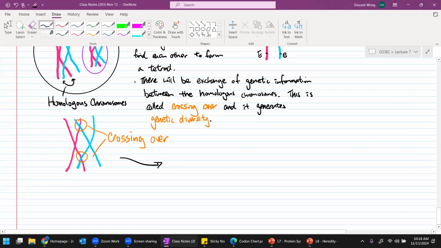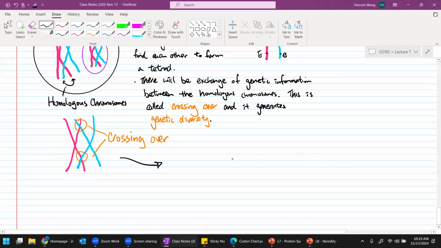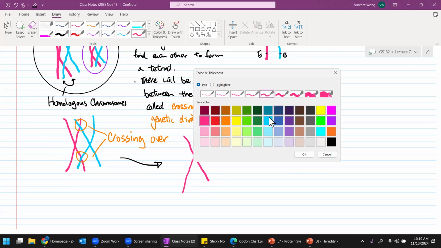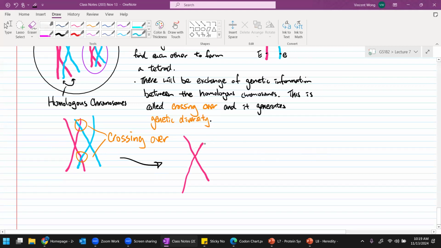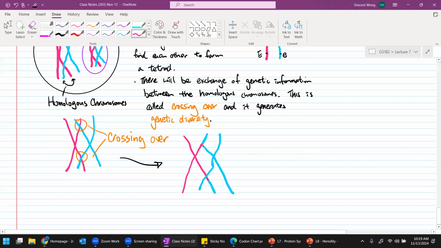And afterwards, this is, of course, oversimplification of the drawing, but afterwards it's gonna look like this. Let me try to do this better. We are done after this, I promise. Okay, you're gonna have a bit of blue on the red. And then you're gonna have a little bit of red on the blue.